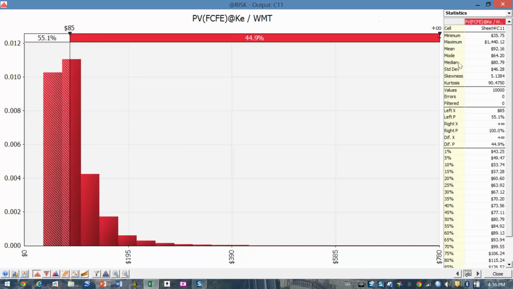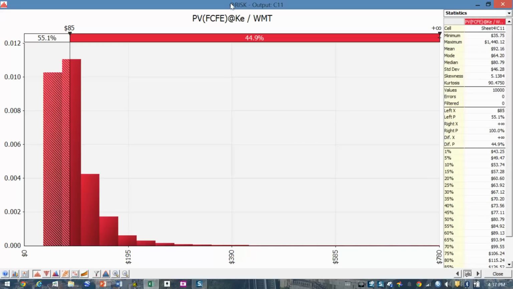Now the mean of this distribution is 92. So actually, it looks like not a bad buy. If I can buy it for 85, the mean of the distribution is 92, and the reason it's greater than my static value is because my understanding of the stock allowed me to put in parameters that show this stock has a lot more upside than downside.